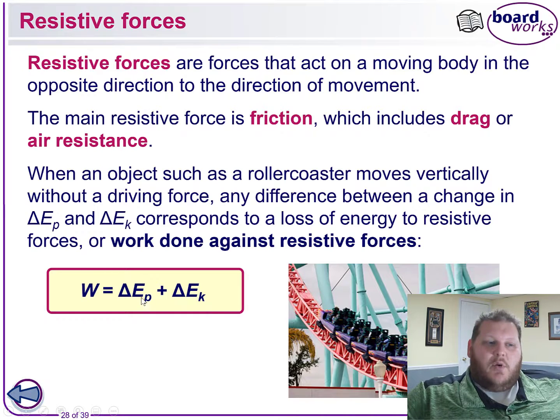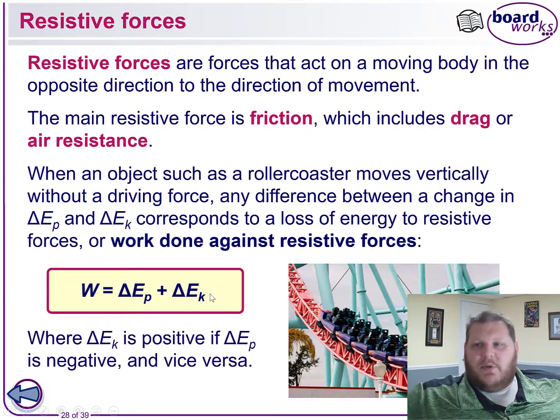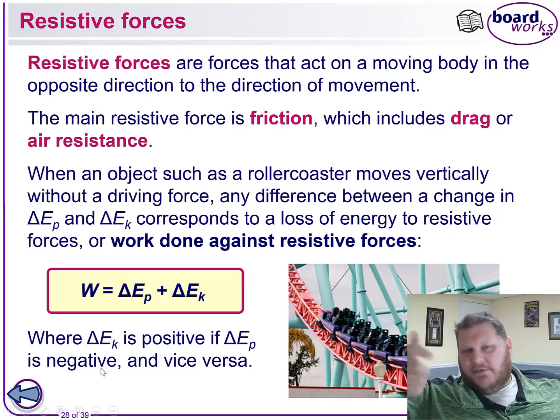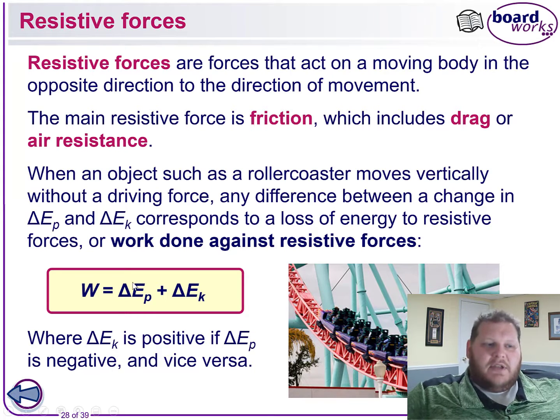Now, they're not going to both be positive, because if one is going up, the other one's going down, right? If I have a positive change in kinetic energy, if I'm gaining kinetic energy, that potential energy is going to be negative because it's going down, or vice versa. If I'm losing kinetic energy, if it's slowing down, again, vertically, that would be a gain in potential energy, that would be positive.